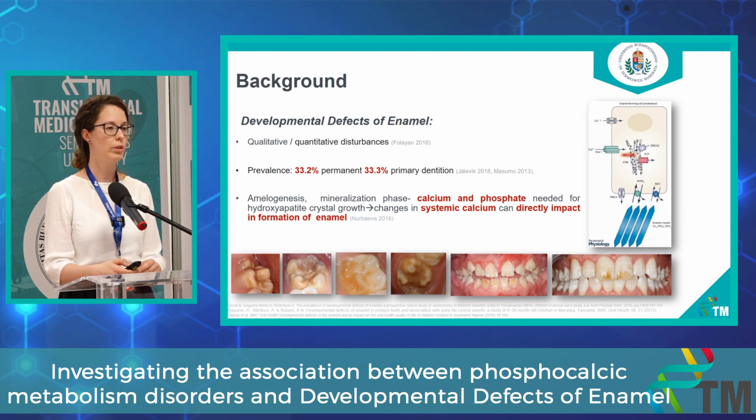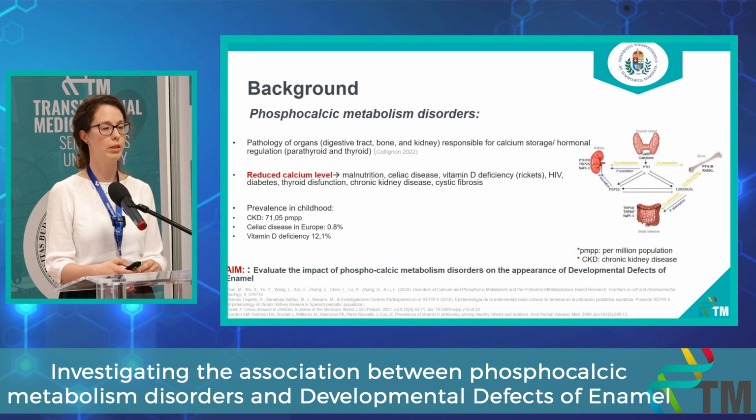The etiology is multifactorial, and in amelogenesis, what we know is that at the mineralization phase, calcium and phosphate are needed, and if there is any change in the systemic calcium level, it can directly impact the formation of the enamel. The systemic calcium level can change due to pathology of organs which are responsible for calcium storage, or certain chronic diseases which can reduce the calcium level.